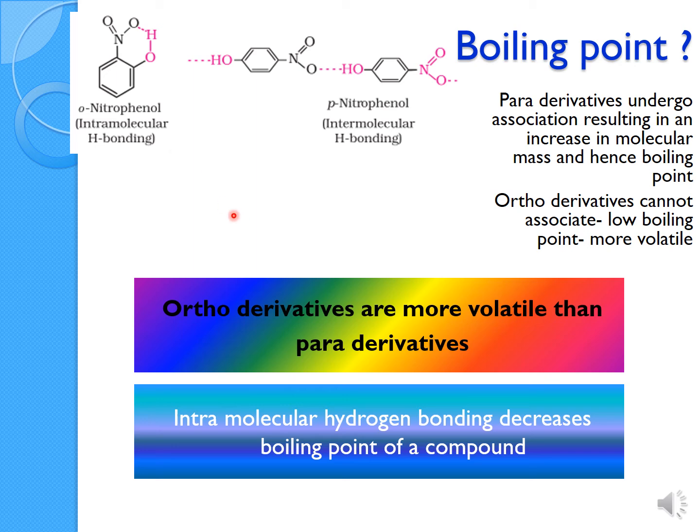If you steam distill the mixture, which compound will come out first? The compound with the lower boiling point will come out first. And in this case, orthonitrophenol has a lower boiling point than paranitrophenol. So orthonitrophenol will distill out first, and what remains is paranitrophenol. So in this way you can separate a mixture of orthonitrophenol and paranitrophenol.